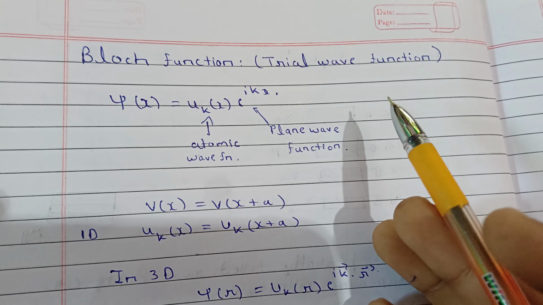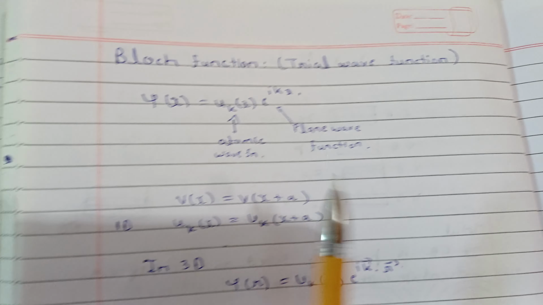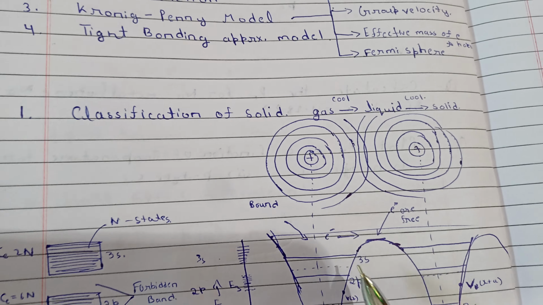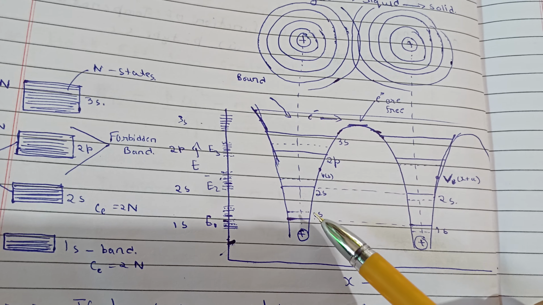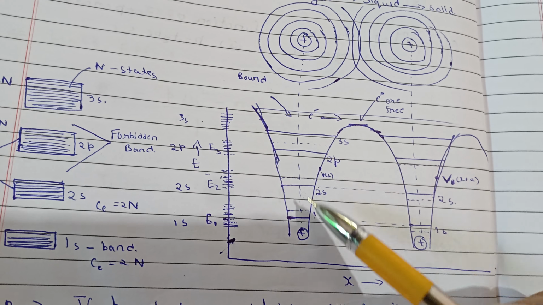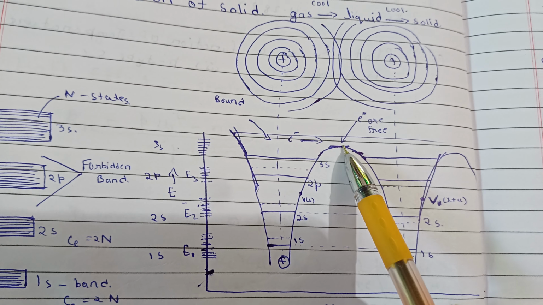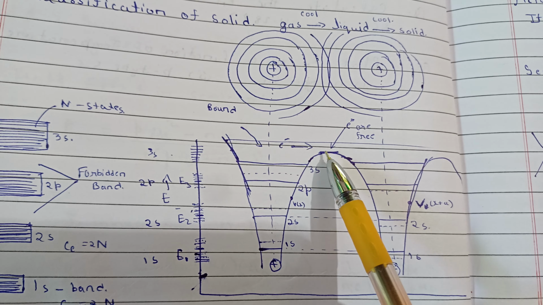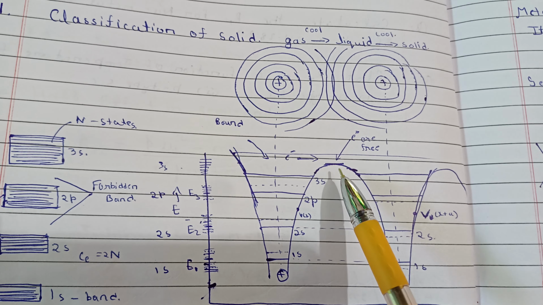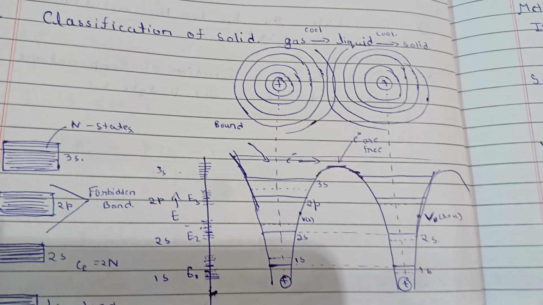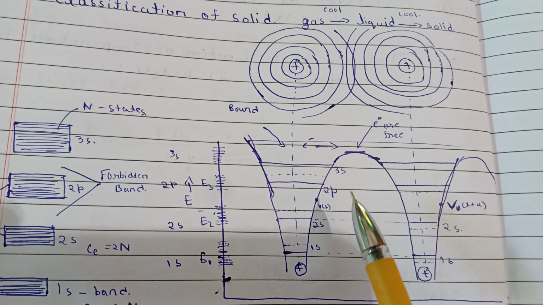Now it is the same in the Bloch function. Bloch function is nothing but a trial wave function. Just see this region: here the potential is varying very much with the distance. But in this region it is flat, meaning there is the same potential, and you know that if the potential is the same, then the net force will be 0. In the same potential you will not feel any force.